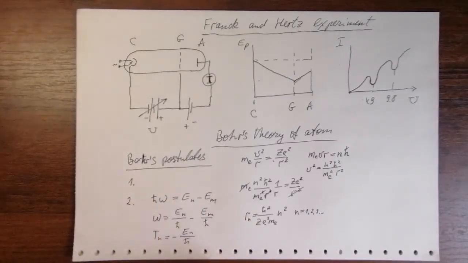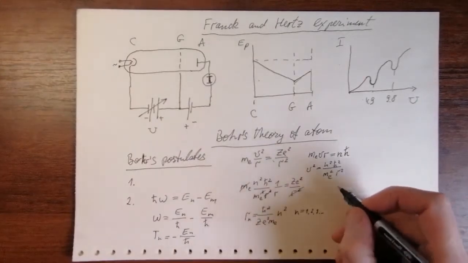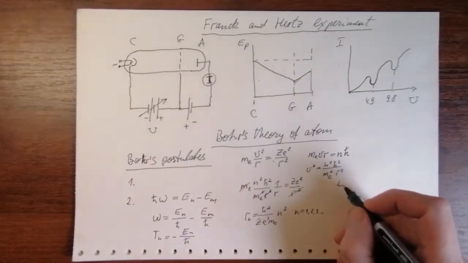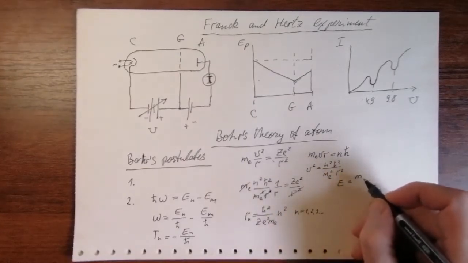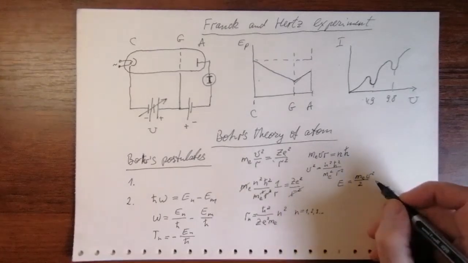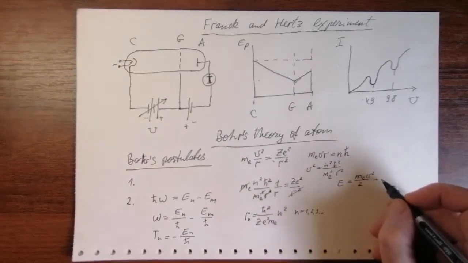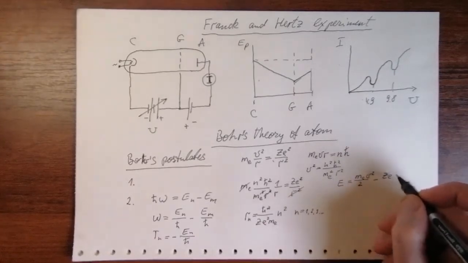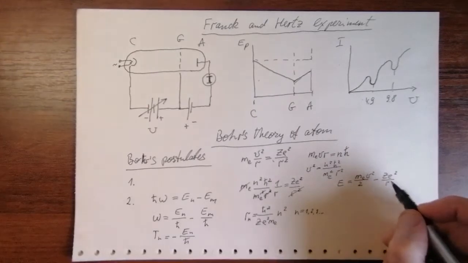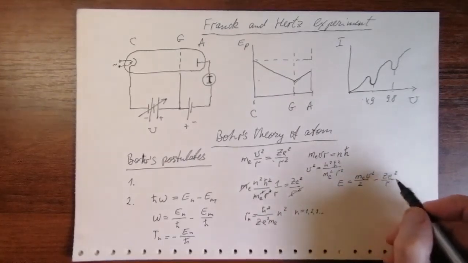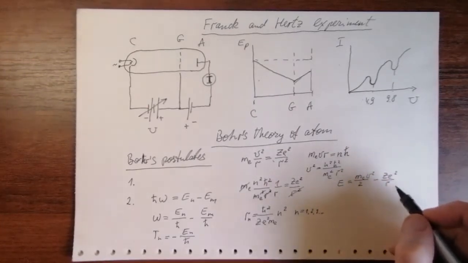Now let's look at the energy of the electron in the atom. The energy is kinetic energy, which is me v squared over 2, plus potential energy. And potential energy is minus z e squared over r. Minus because the nucleus is positive and the electron is negative.